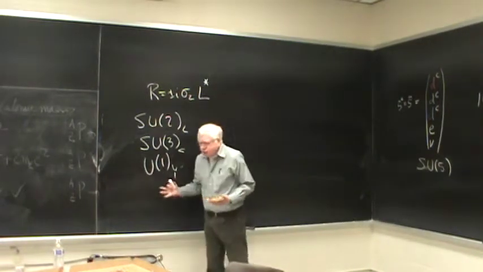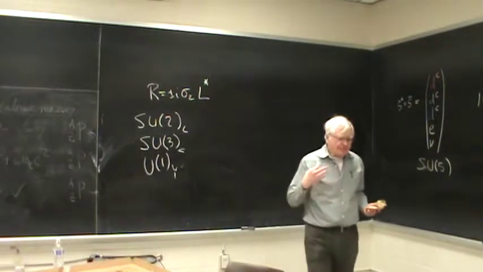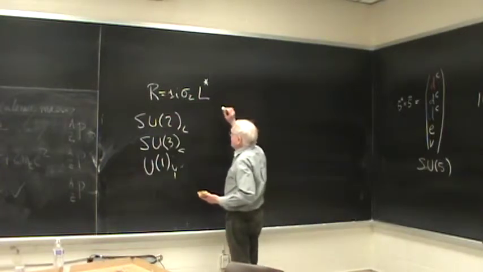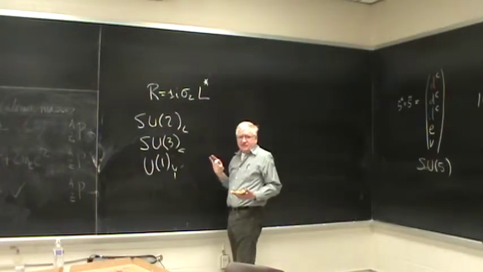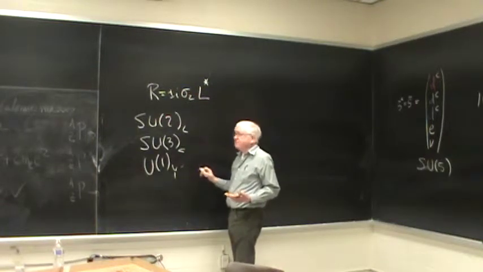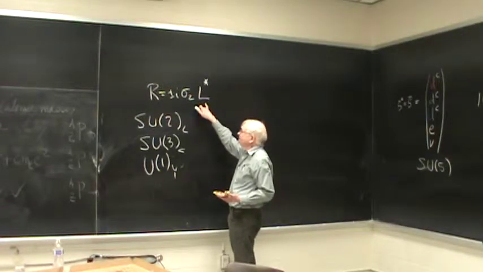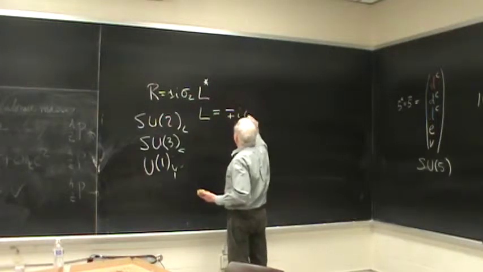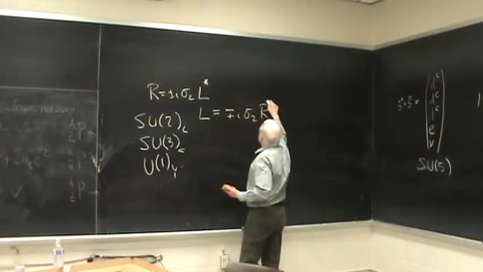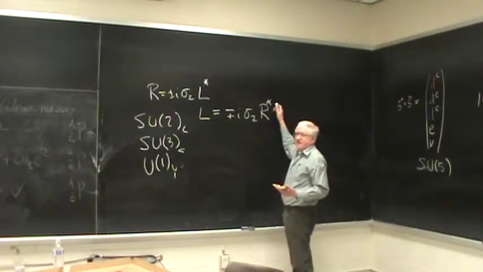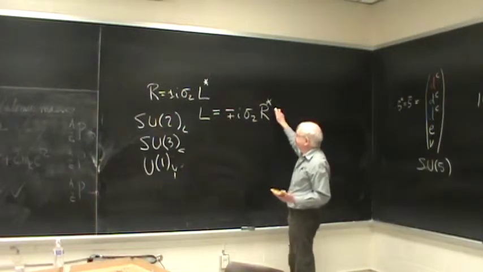The radical solution was to embed these in a group that only acts on left-handed fields. And so what do you do then with the right-handed fields? Well, you take all the right-handed fields and make them left-handed by this thing. For each of the right-handed, here I'm talking two-component spinors, two-component in the sense of spin-up, spin-down components.